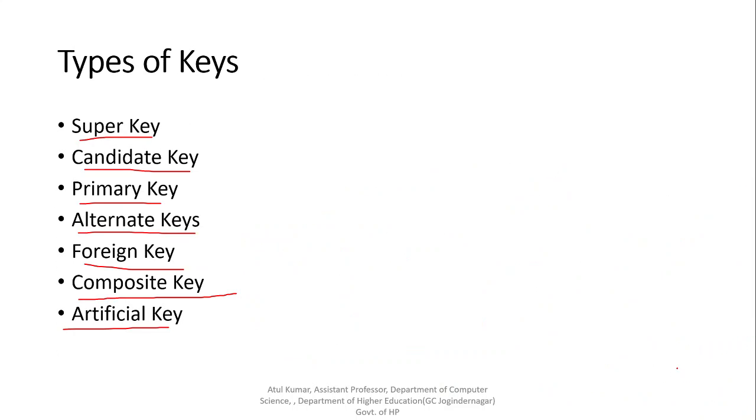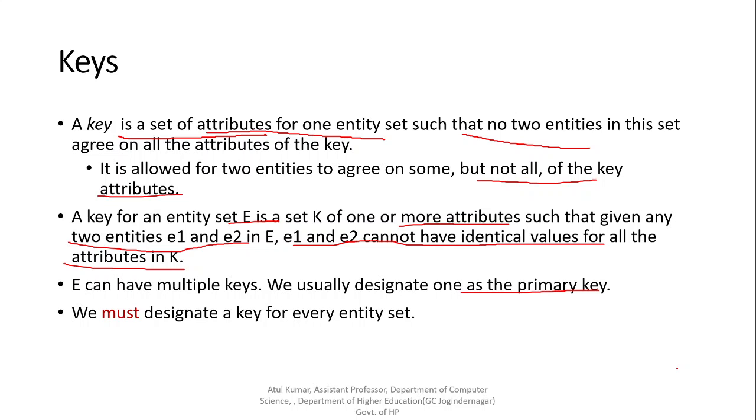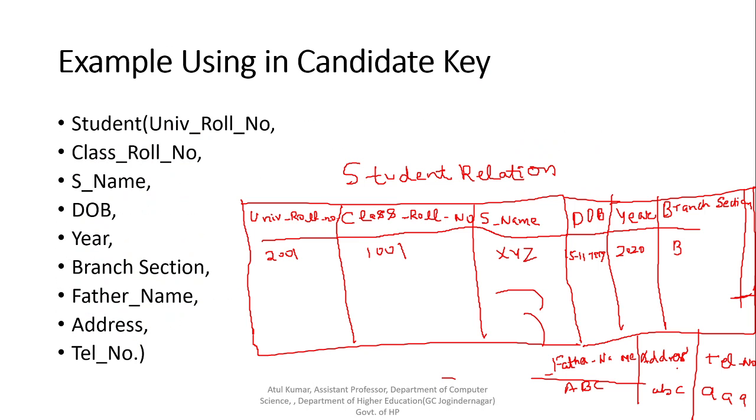Like I have discussed, a key is a set of attributes for one entity. A relation must have a set of attributes, and a relation is also called a table in database. In this example we have the attributes university roll number, class roll number, student name, date of birth, year, branch section, father name, address, and telephone number.